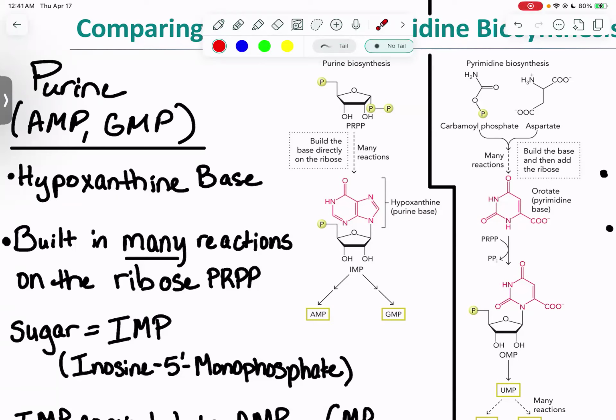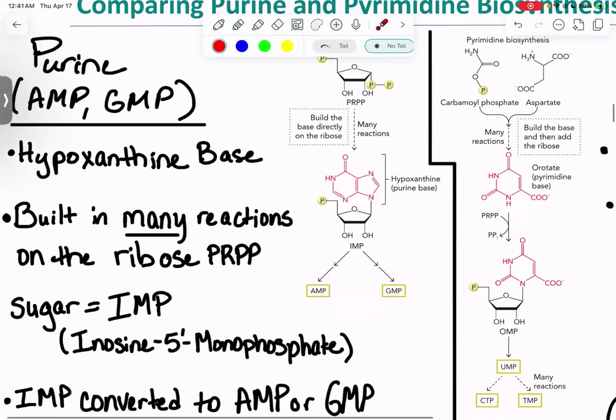But basically, you start with the sugar and you build the base on the ribose. So the ribose is like the scaffold, and then we start to build onto that sugar. The first nucleotide that we make is not AMP or GMP, it's inosine.